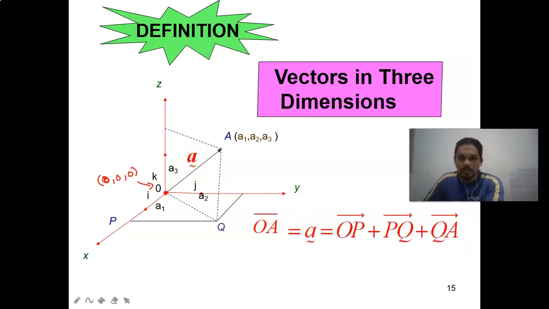Okay, look at this one here now. From O to A equals O to P, from O to P plus P to Q and Q to A.